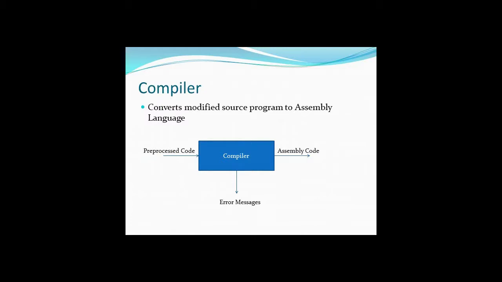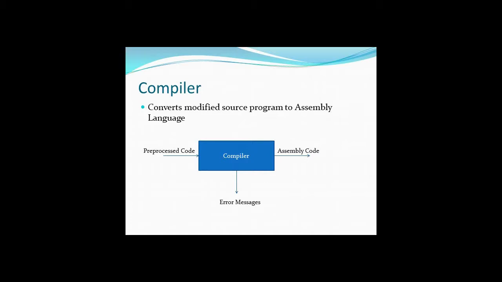Next one is the compiler. The output of the preprocessor, which is a preprocessed code, is then sent to the compiler. The compiler translates this code to assembly language code. Now the question is, why don't we convert this code directly to object program?